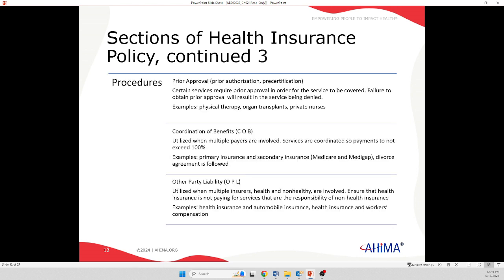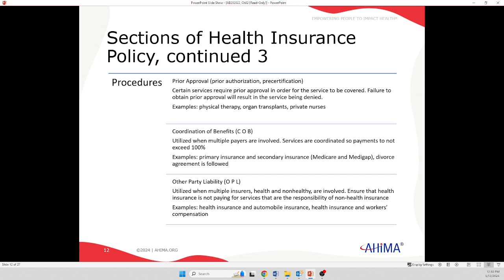Here's a little bit more about that prior approval. Again, remember that prior approval is also known as prior authorization or pre-certification. Certain services require prior approval in order for the service to be covered. Failure to get that approval will result in the service being denied, and it would result in the patient having to pay for it themselves.